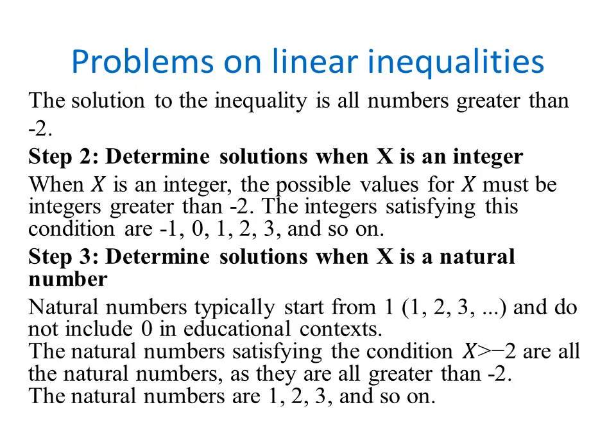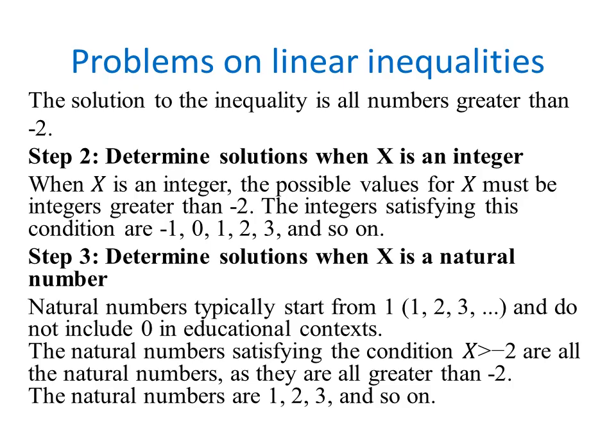In step 2, we determine the solution when x is an integer. When x is an integer, the possible values for x must be integers greater than minus 2. The integers satisfying this condition are minus 1, 0, 1, 2, 3 and so on.